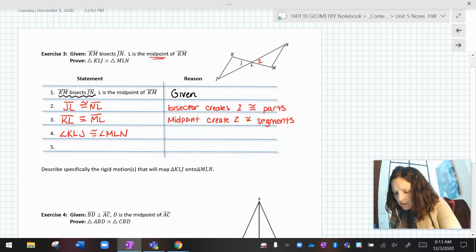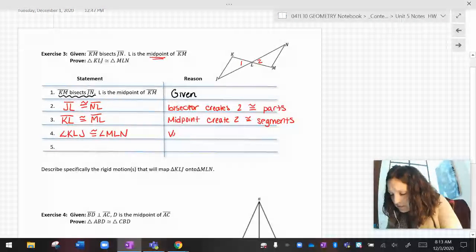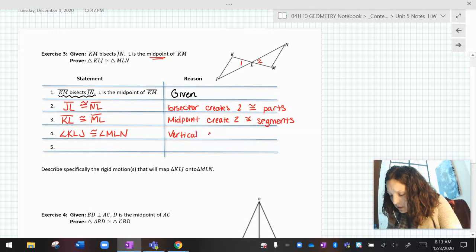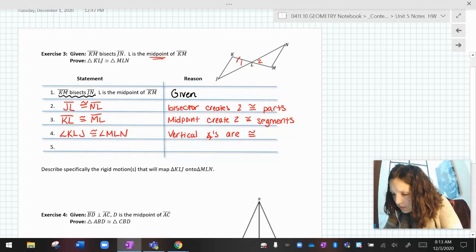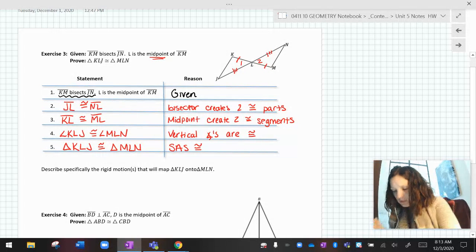So KLJ is congruent to MLN because vertical angles are congruent. So we had this, it was this, and that equals that. And then 1 equals 2. And I have enough for SAS now. So I can say that triangle KLJ is congruent to triangle MLN because of SAS congruence.